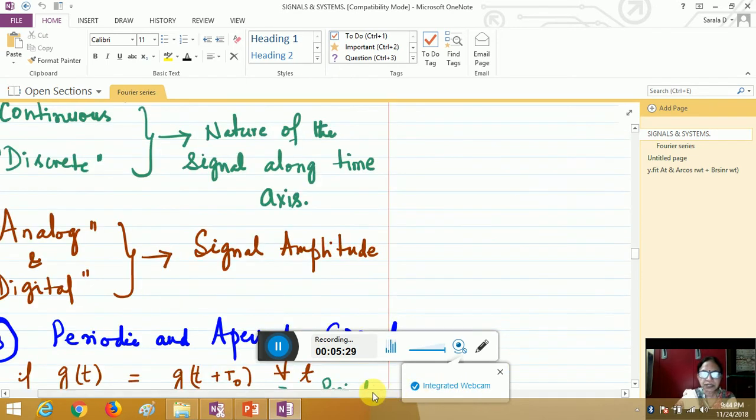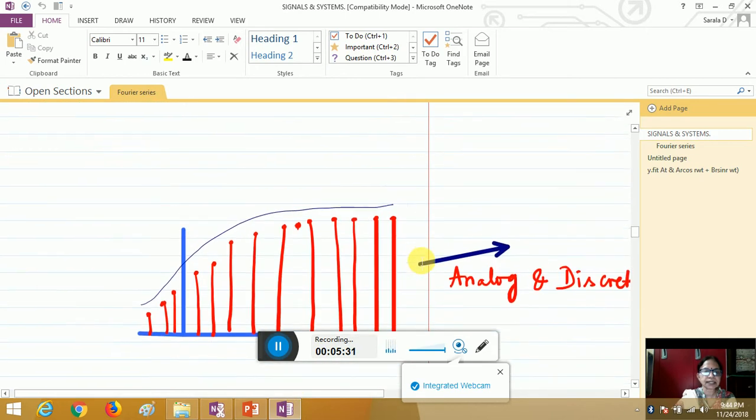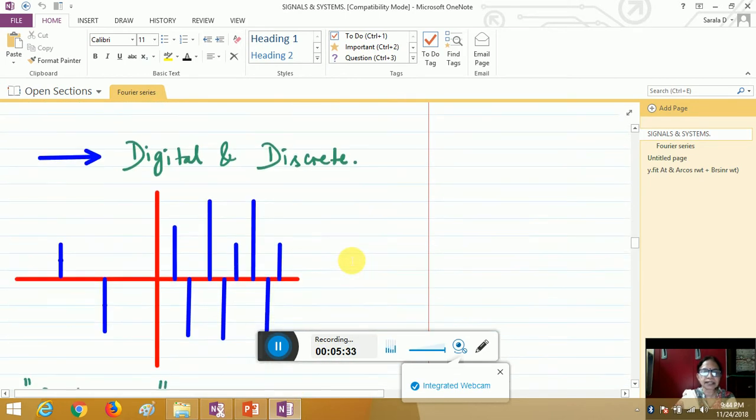Then you have digital and discrete. This is analog and discrete. This is digital and discrete. Digital and discrete means discrete because at different intervals of time it is taking different values discretely. Digital because, let us consider the interval of time between these two points. It is high here, it is high here, and in between it is just 0.